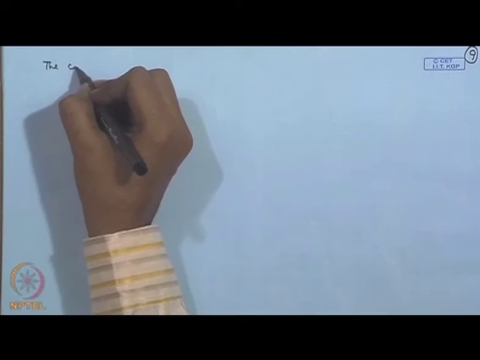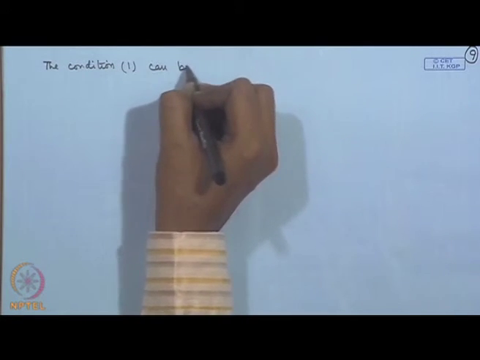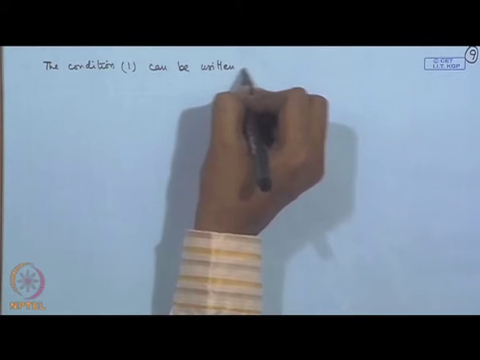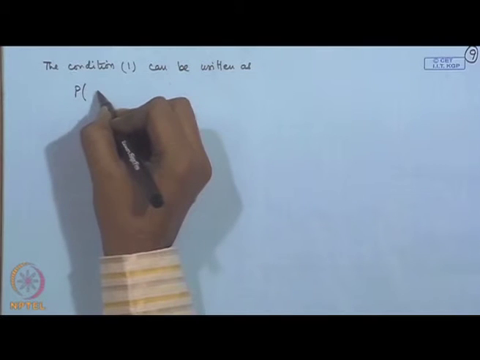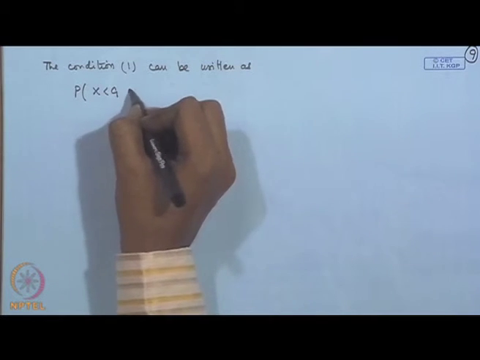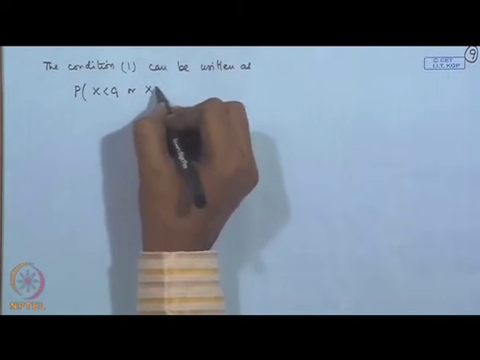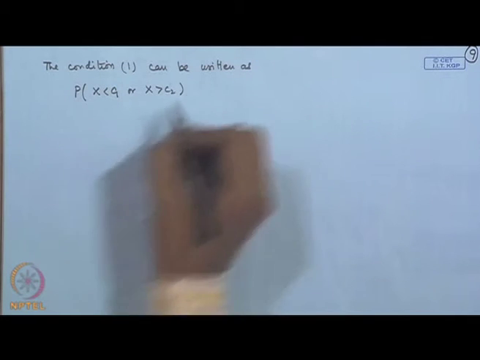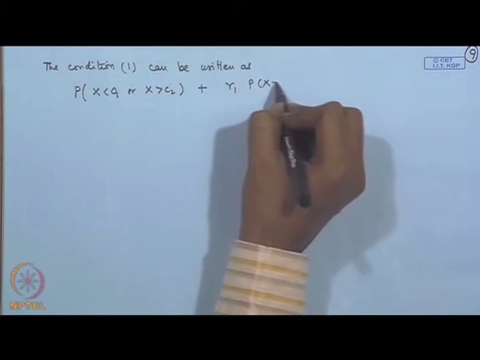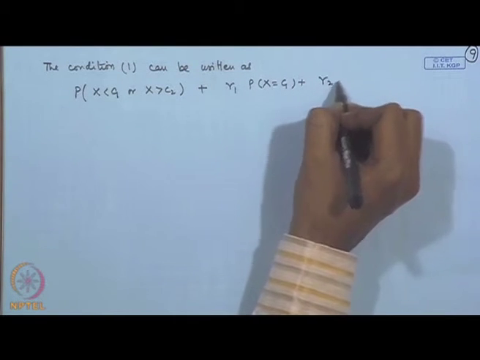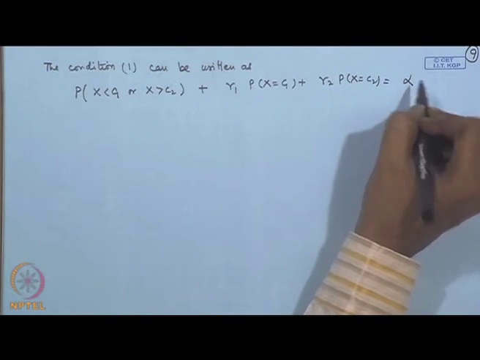The condition 1 can be written as probability of x less than C1 or x greater than C2, plus gamma 1 probability of x equal to C1 plus gamma 2 probability of x equal to C2 is equal to alpha.